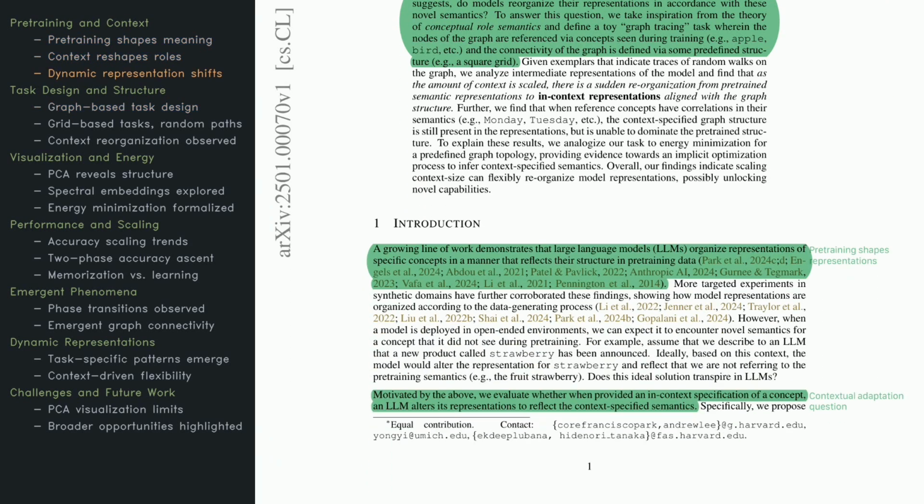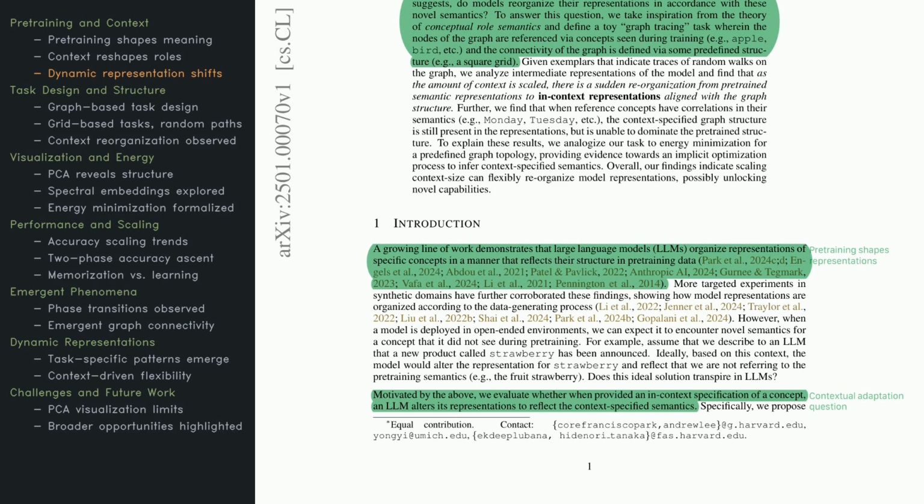Alright, continuing our discussion. The introduction talks about how large language models typically organize their knowledge around the patterns in their training data. They form representations for concepts like fruit or animal, based on how those concepts usually appear. But what if the model encounters a concept in an unusual role? For instance, what if strawberry is suddenly presented as some sort of product instead of a fruit?